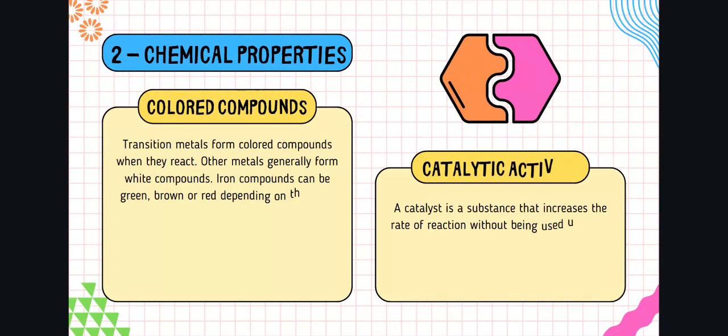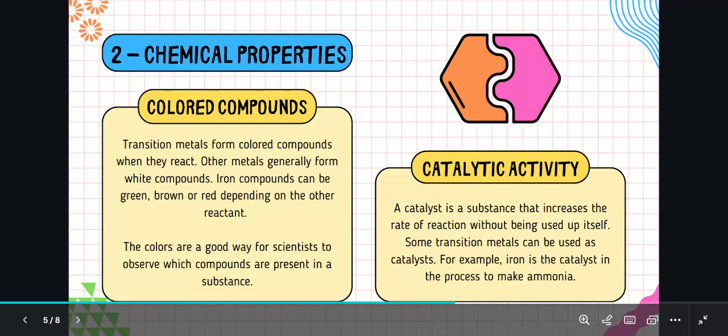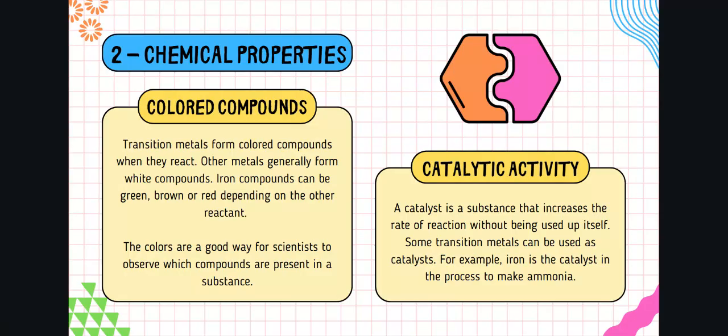Now that we've learned that, we can learn about colored compounds and catalytic activity in the different transition metals. So let's get right into it. And this is also a chemical property, I should tell you, just before we start. So first thing we have to learn about is colored compounds. Transition metals form colored compounds, which are compounds with color, just like they sound.